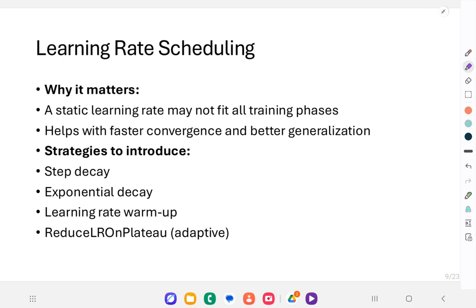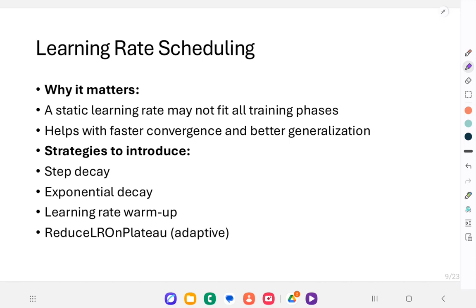The most basic form is step decay, where we reduce the learning rate by a constant every few epochs. That's often when the error plateaus and doesn't change much anymore. There's also a smoother version, exponential decay, where the learning rate shrinks continuously over time.